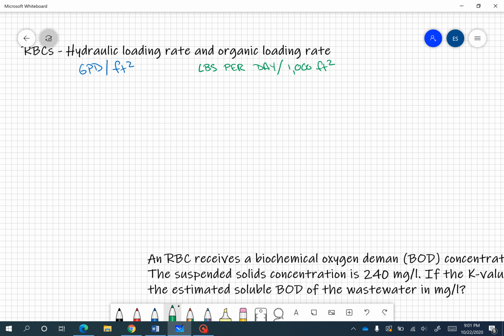So just like with the trickling filter problems, you have to take the surface area in square feet and divide it by 1,000 to get a number in 1,000 square feet.